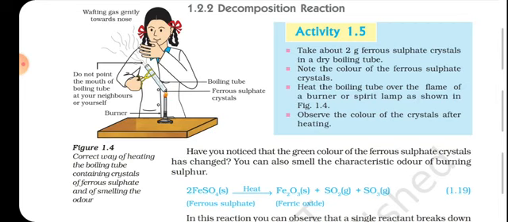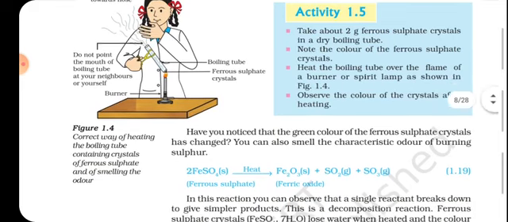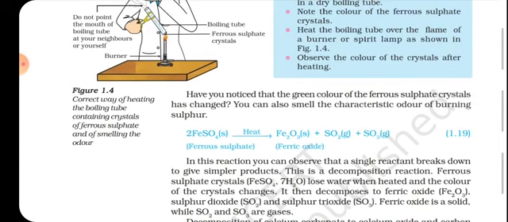See, they have given us the example over here, that is about the green ferrous sulfate crystals. If we have ferrous sulfate, whose formula is 2FeSO4, in the presence of heat it will give you Fe2O3 plus SO2 plus SO3, that is ferric oxide plus sulfur dioxide plus sulfur trioxide.